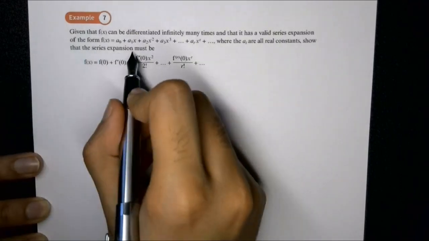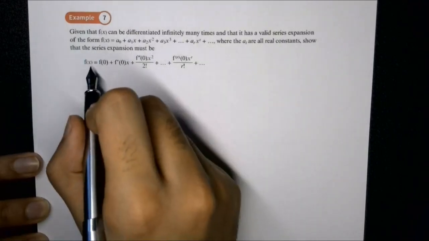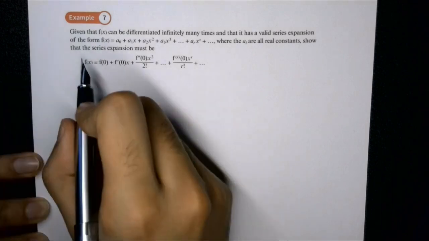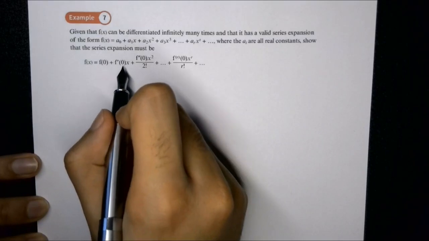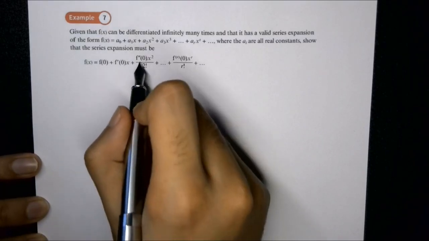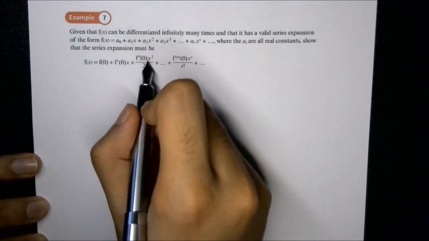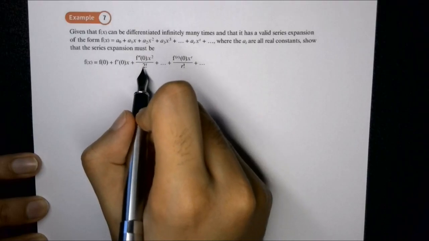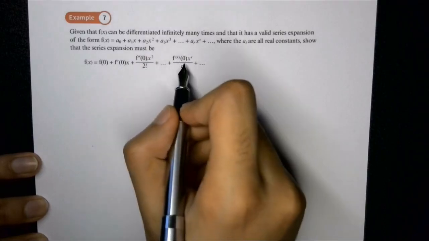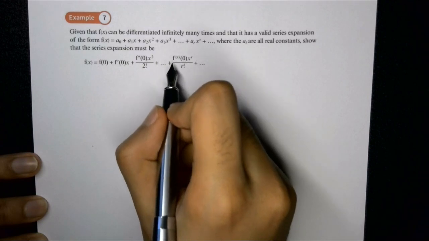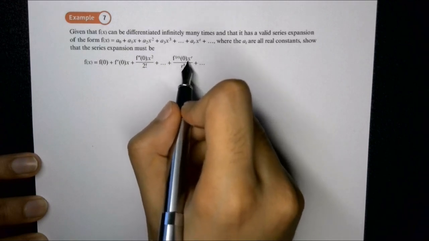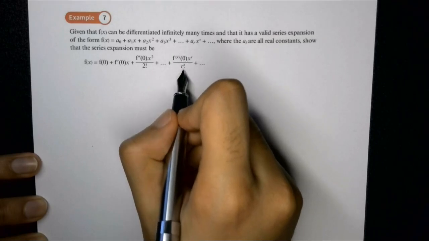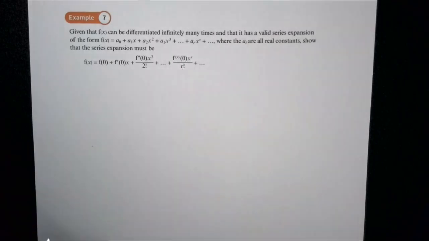We have to show that the series expansion must be given by this result: f of x equals f of 0 plus f dash of 0 times by x plus f double dash of 0 times x squared over 2 factorial, and then we continue this. In general, we add on the rth derivative of f at x equals 0 times x to the r divided by r factorial.